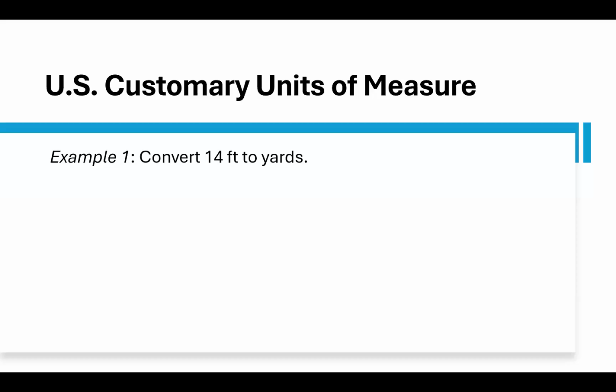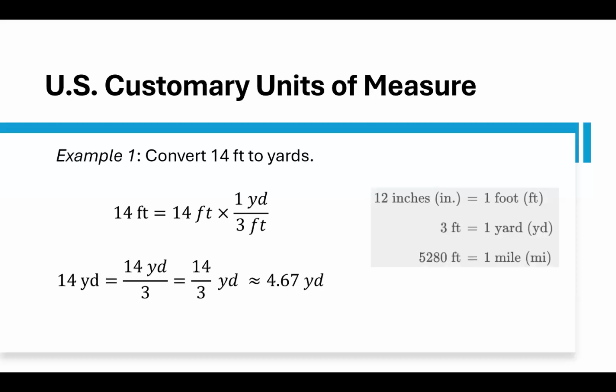But in the first example, we have a conversion from 14 feet to yards. So we want to convert those 14 feet to yards. What we need to make this conversion is our table, and the typical conversions are that 12 inches is 1 foot, or 1 foot equals 12 inches.